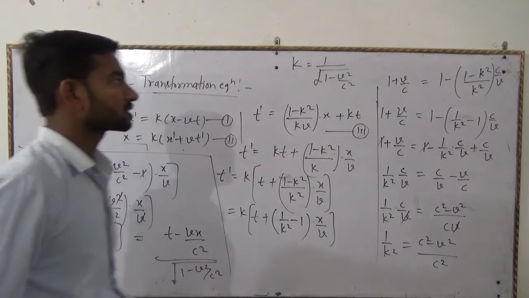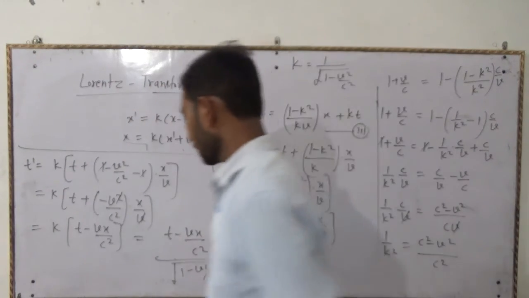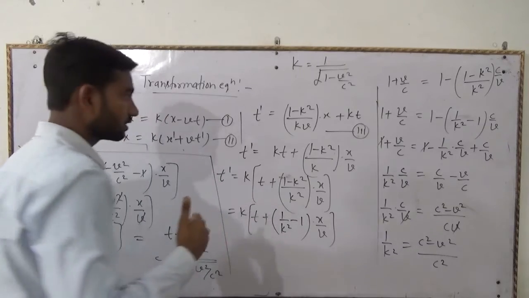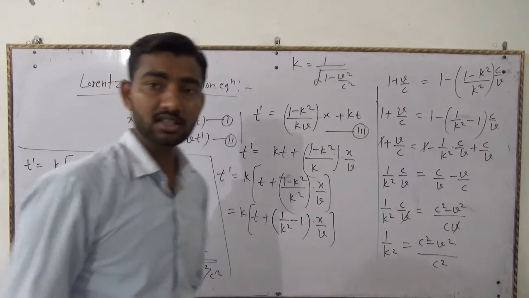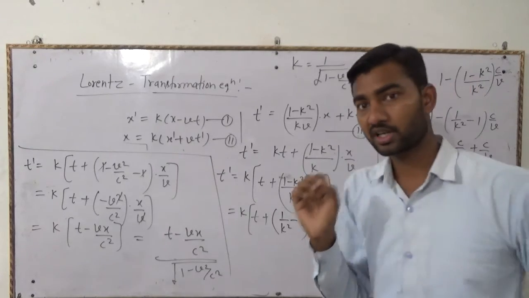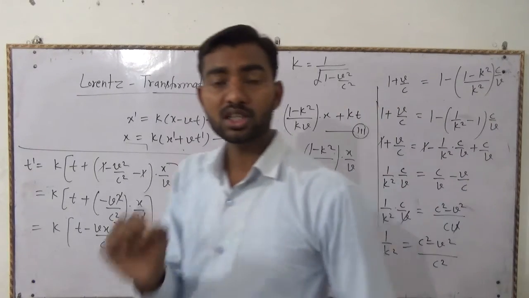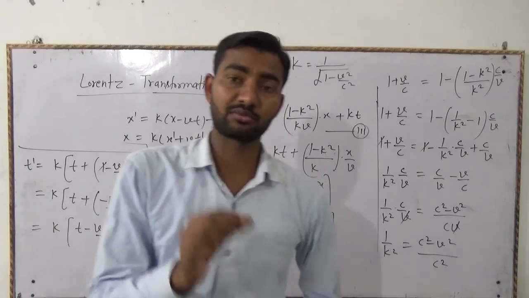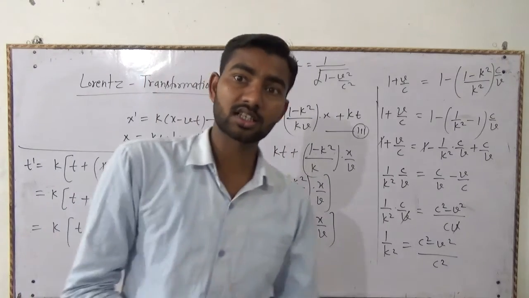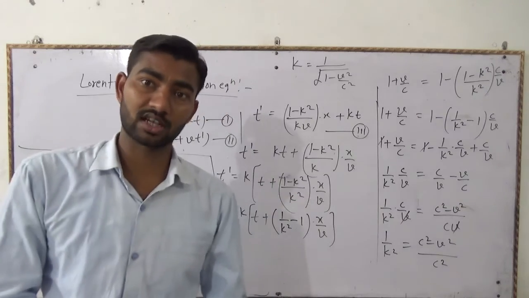Friends, here we have found the value of x dash and t dash, and the value of y dash does not change because it is perpendicular. As we have told you, the change is only along the x direction, because we have considered the frame of reference S dash moving along the positive x axis.